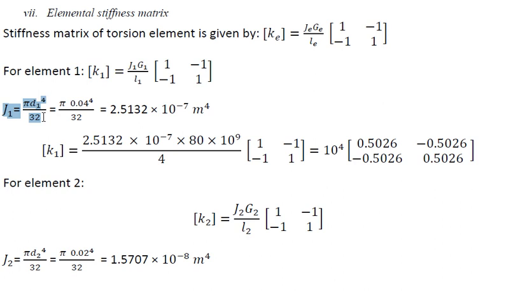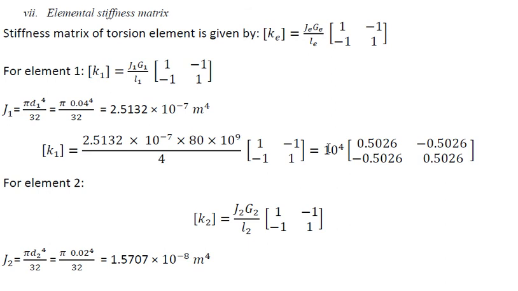If I substitute the values, I will get J1 like this. With J1 and G as 80 GPa, which means 80 into 10 power 9 Newton per meter square. Understand, I am keeping the units Newton and meter.